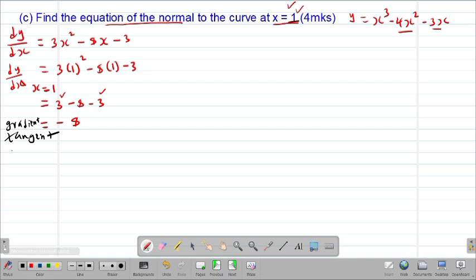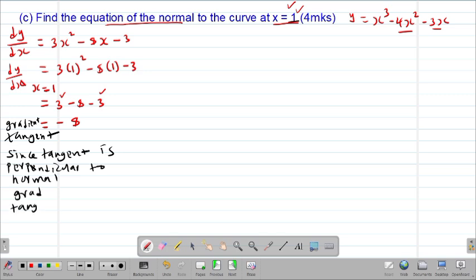But we know that since the tangent is always perpendicular to the normal, if we take the gradient of the tangent and multiply with the gradient of the normal, these two must give you negative 1.